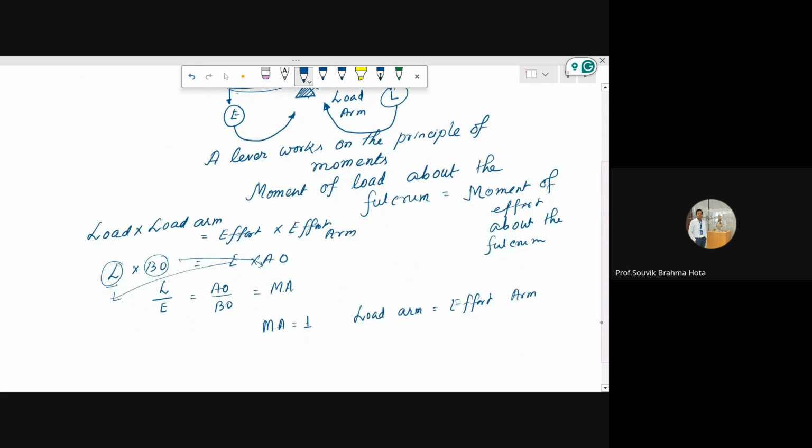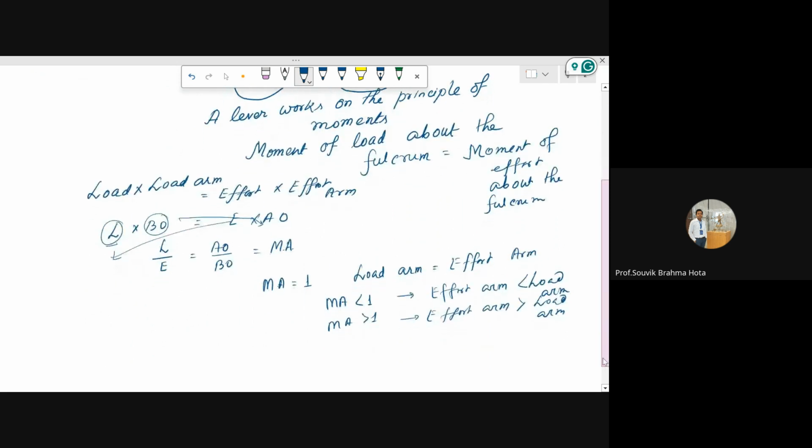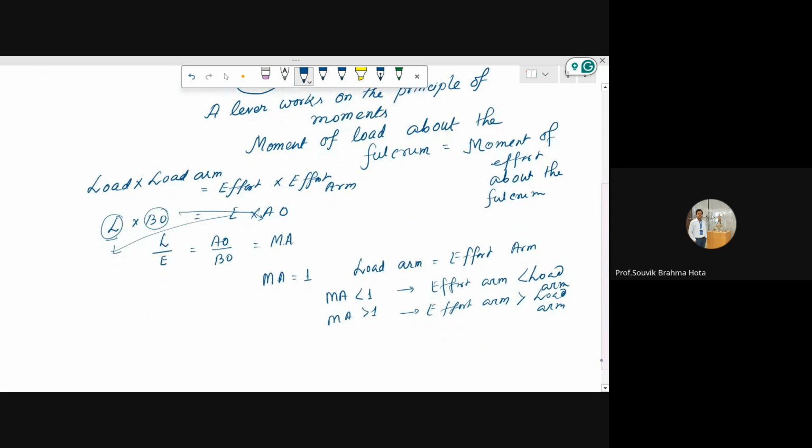Now if MA is less than 1, in that case the effort arm is less than the load arm. And if MA is greater than 1, then the effort arm is greater than the load arm. Okay, so these are the types of things that we can have in this case.